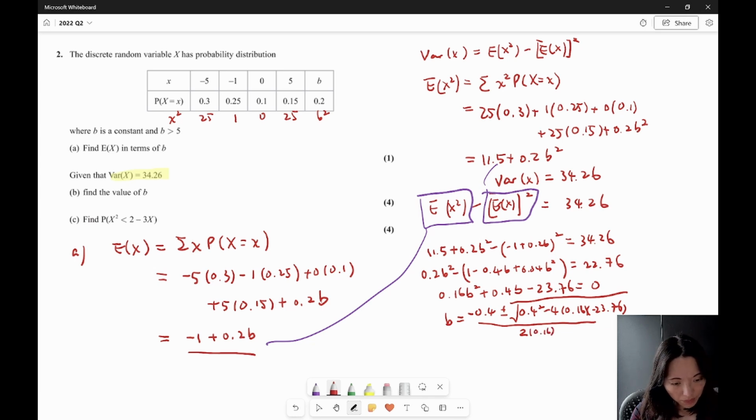So working that out, b is either 11 or minus 13.5, but b is greater than 5, therefore b equals 11. b greater than 5 is given in the question. So that's our answer to part B.